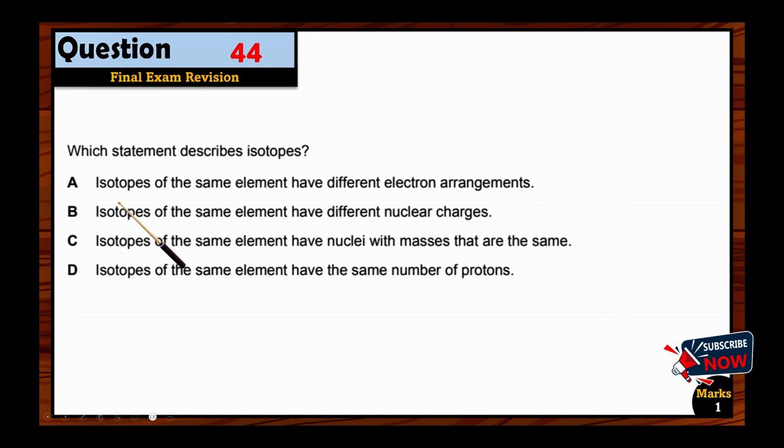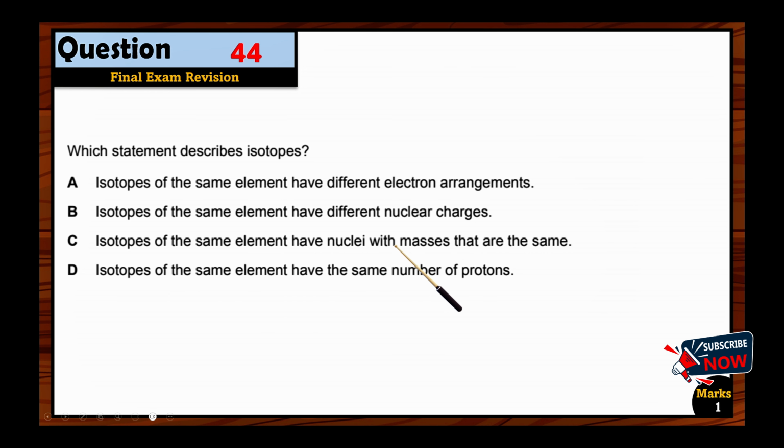That's wrong, because the proton number is the same, so the electron number is also the same. Isotopes of the same element have different nuclear charges. That is also wrong because the proton and electron numbers are the same. They are the charged particles. The nuclear charge is positive, and since the proton number is the same, it will remain the same.